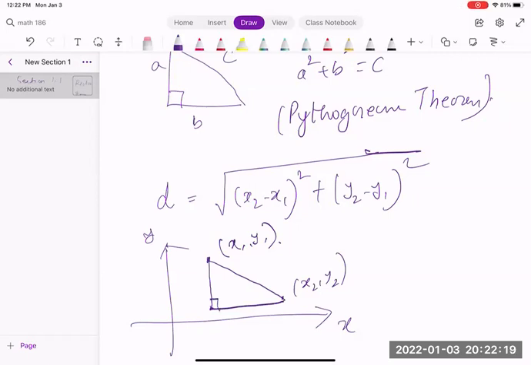When you drop the perpendicular on the x-axis, your x point here is your x1 and your y point here is your y1. Now this point is your x2. So your x2 is right here, and your y2 is situated right here.